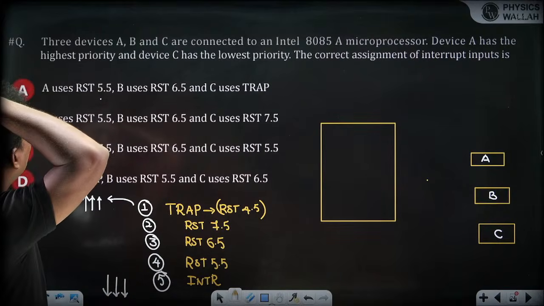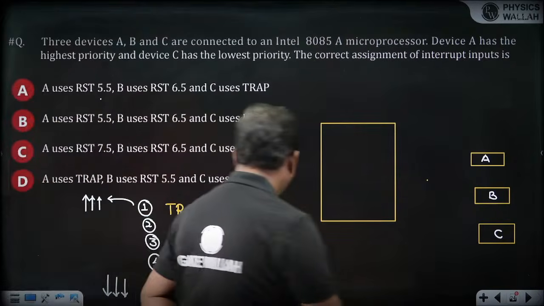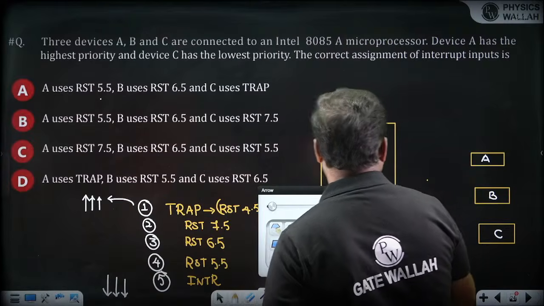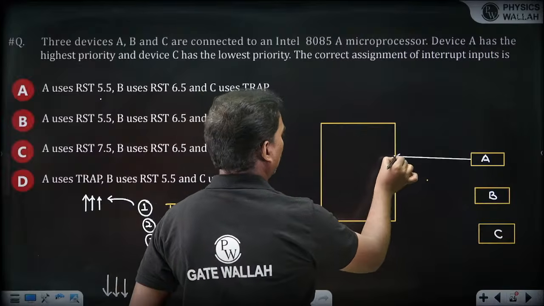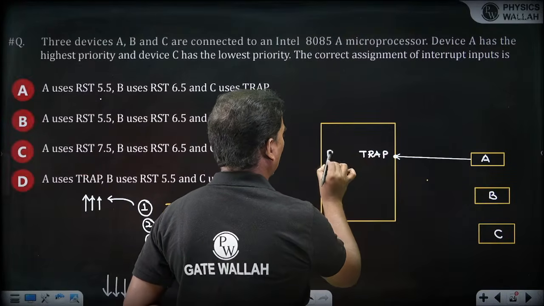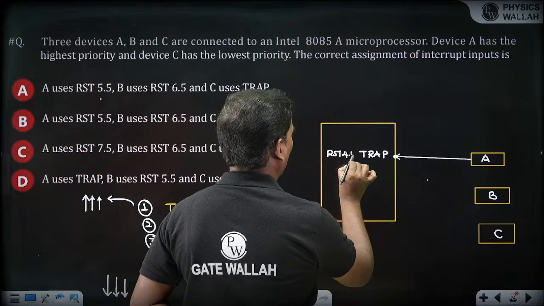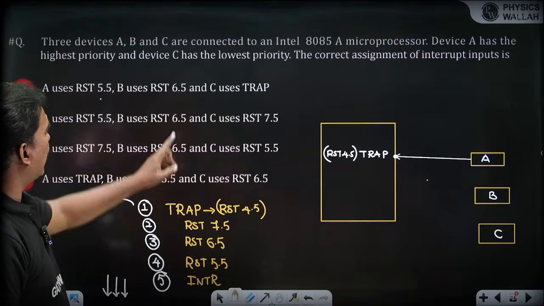So what is being asked? Who has the highest priority? Device A has the highest priority, so device A should be connected to which interrupt signal? Device A should be connected to TRAP. Next, the least one is INTR, but INTR is not there.